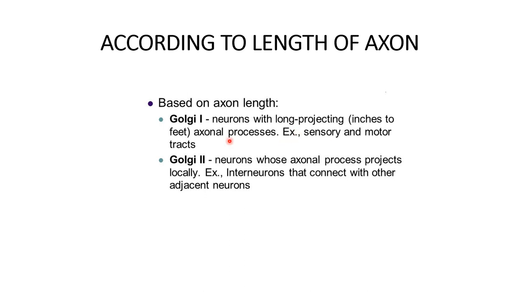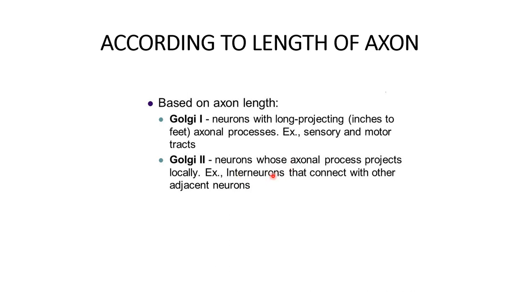Examples are sensory and motor tracts, pyramidal cells of the cerebral cortex and anterior horn cells of the spinal cord, whereas the Golgi type 2 neurons have many branched dendrites but have a relatively short axon. So the basic difference is that in Golgi type 1 you have a long axon, whereas in Golgi type 2 you have a short axon.